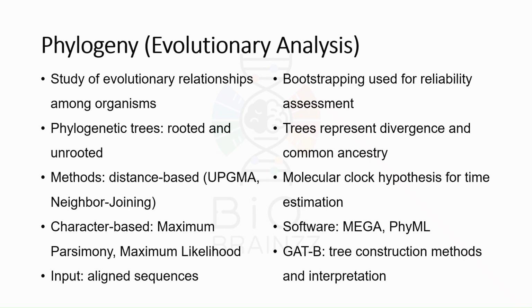These trees help us understand how organisms are related and how they evolved. Bootstrapping is used to check the reliability of trees. In GAT-B, questions are often focused on methods of tree construction and interpretation.